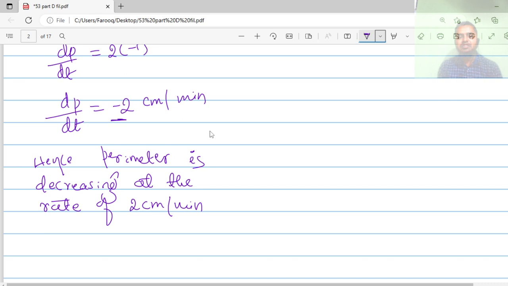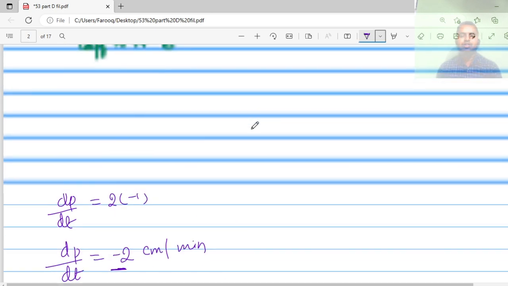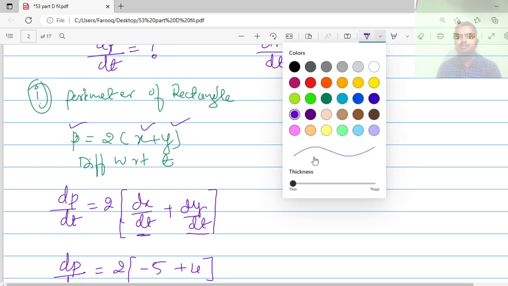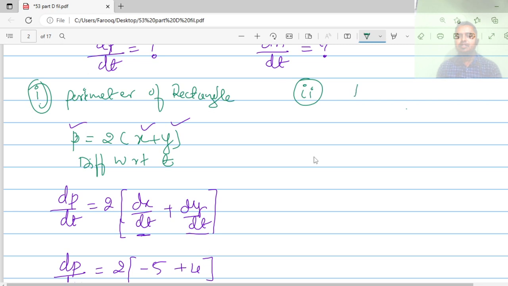The minus sign indicates decreasing. So this is the first part of the problem. Now come to the second part, that is the area of the rectangle.